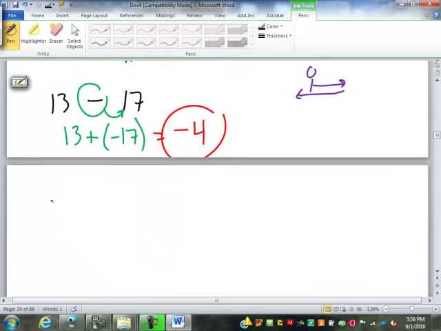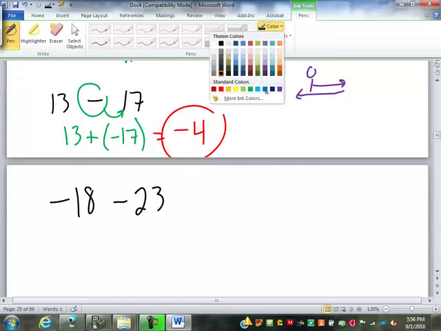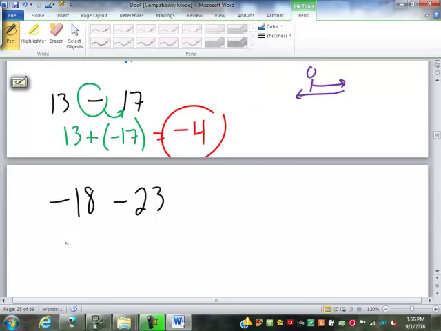I might have negative 18 minus 23. Well, what happens with the negative 18? Nothing, right? Then the subtraction, we're going to change that to plus the opposite of 23, which is negative 23.